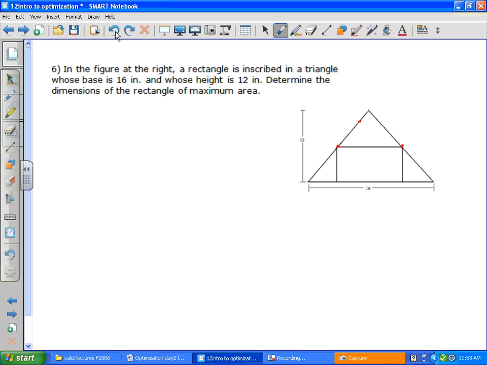Okay, so let's assign some variables because we want to find the dimensions of our rectangle. Now to make the problem a little bit easier, I'm going to call the height of the rectangle y. And you can call the base of this rectangle x if you like, but I think it's a little bit easier if I call this side x, and then what would be the base of the rectangle with that observation? 16 minus 2x.